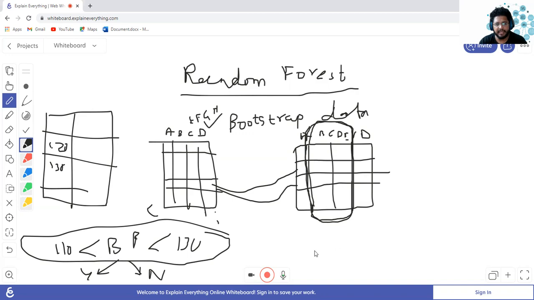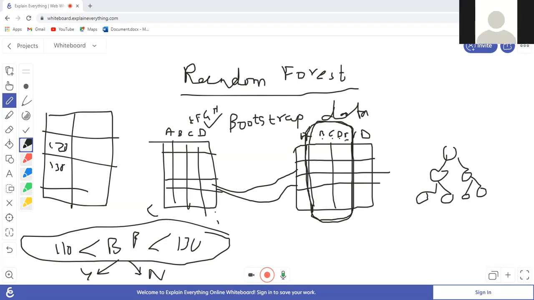That means I will only apply Gini impurity on B, C, D, E to determine the tree. In my tree there won't be column A or G, H. Only B, C, D, E will be there. So this is what bootstrapping is. What is the advantage of doing this? Yeah, I'll tell you.